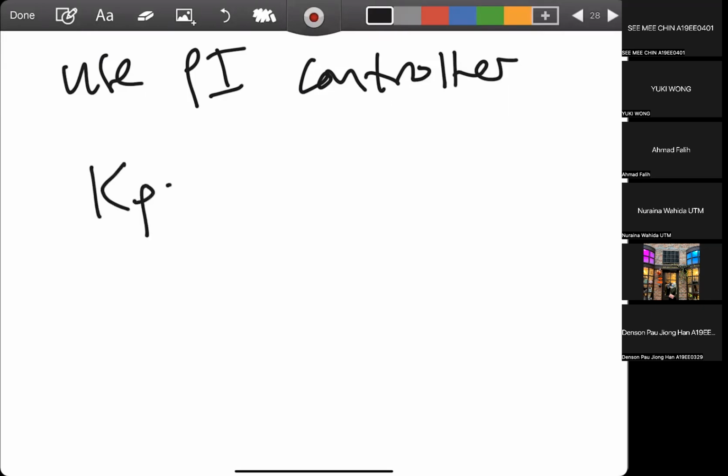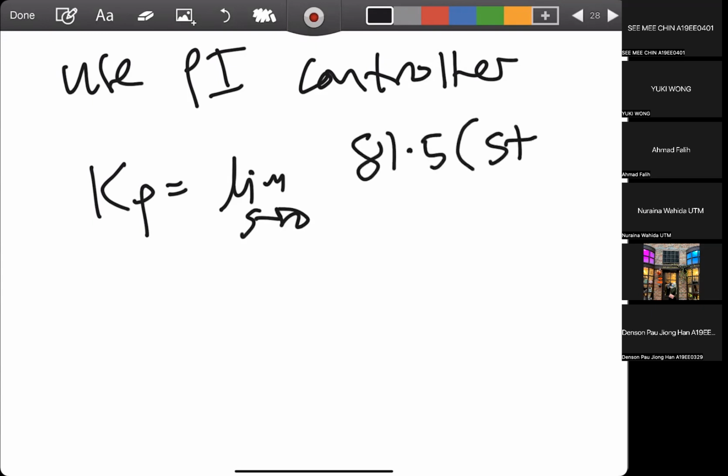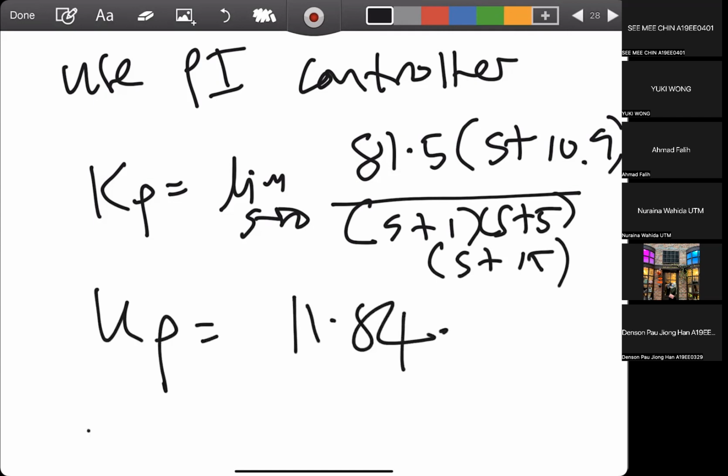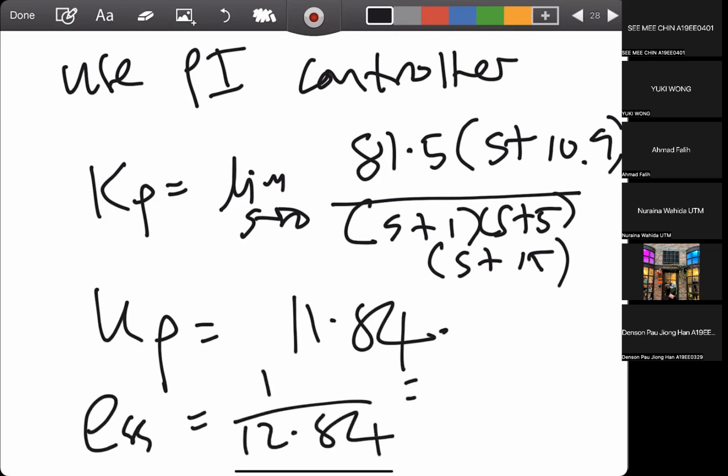So the KP is S to 0, 11.84. So that is the value.